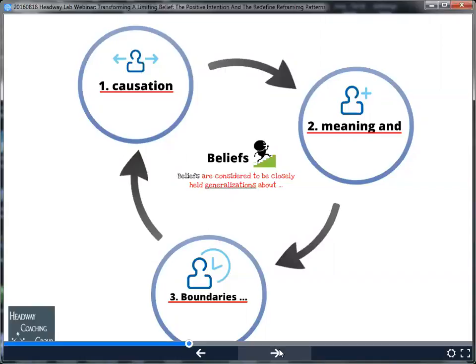Let me give an example. Right now my example will be from a limiting point of view. For example, my client says, well, it's always like this, and some particular person does certain things.